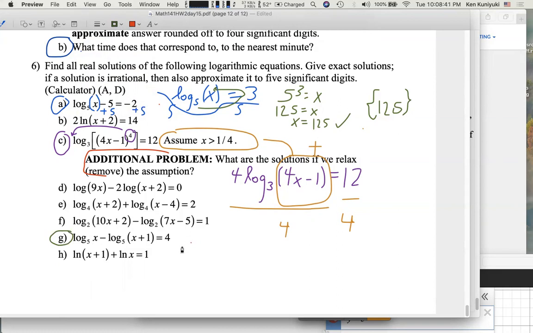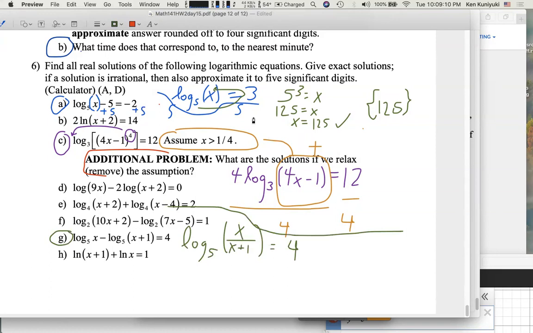The difference of logs is the log of not a difference, but a division, a quotient. And it's a log base 5, equals what, 4? In green. Good. That's the key.